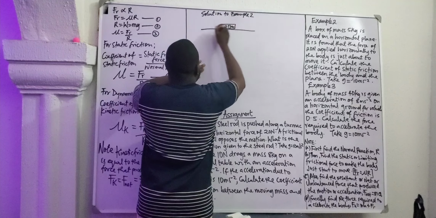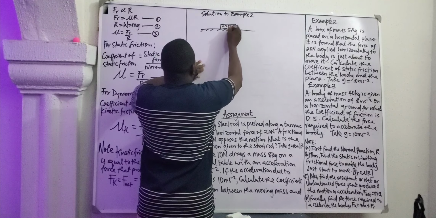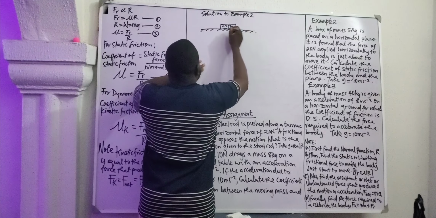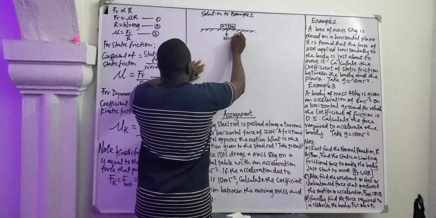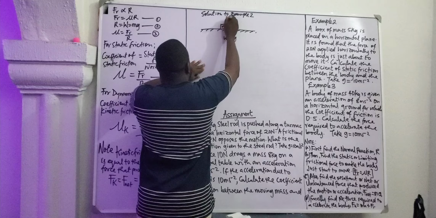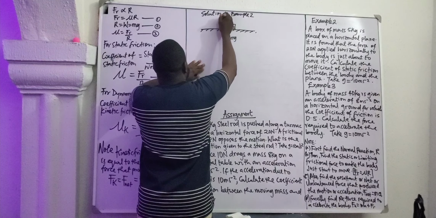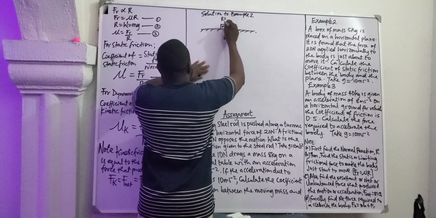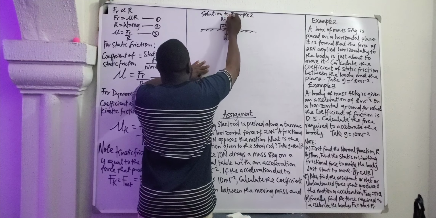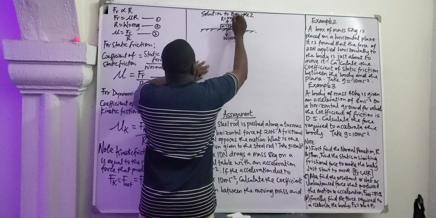It's on a horizontal platform that has frictional force, so it is rough. Now the weight of the body will act downwards, which is equal to mass times acceleration due to gravity, and the weight is balanced by the reaction. So the reaction is equal to the weight, which is also mg.